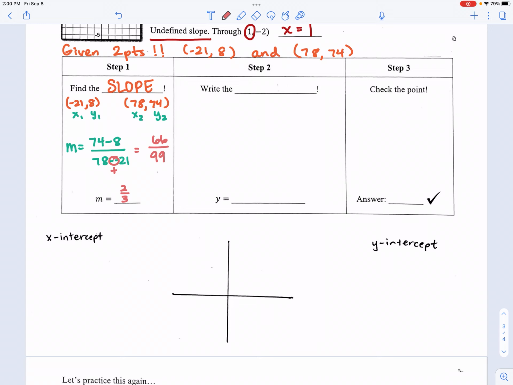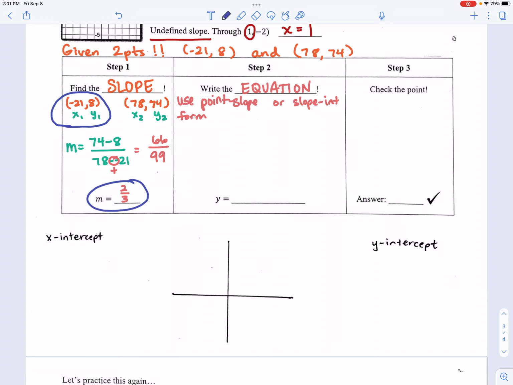Now that I have my slope, we need to write the equation. And this is where you choose which one you want to use, if you want to use point slope form or slope intercept form. We're going to do point slope form here, and then we'll do another problem where we're practicing slope intercept form. So we're looking here at this x1, y1 that we already have labeled and our slope.